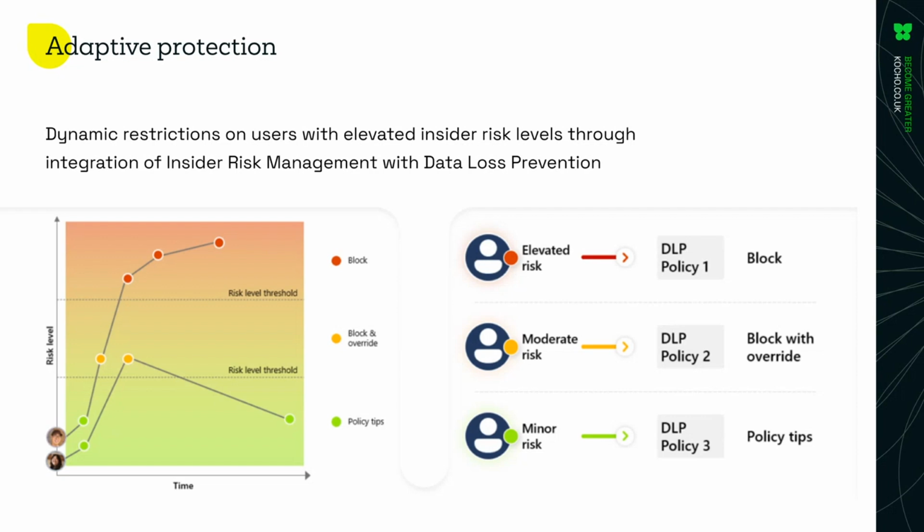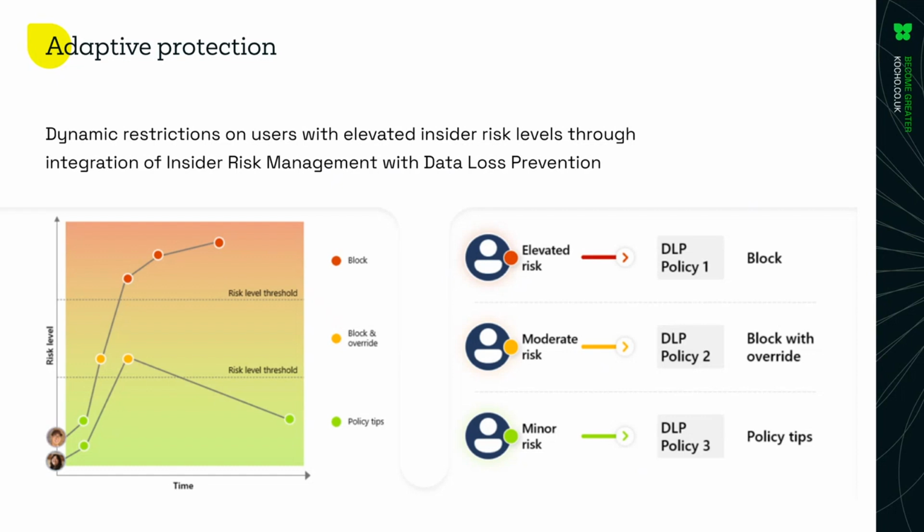Previously, insider risk management was really only a tool that allowed you to triage things to see, okay, there's a potential problem here, I need to have a look, but it didn't actually take any action. With adaptive protection, now it kind of can. Now it will be a case of, okay, insider risk management has assigned this elevated risk level to a user.